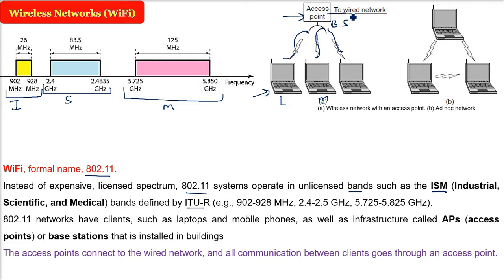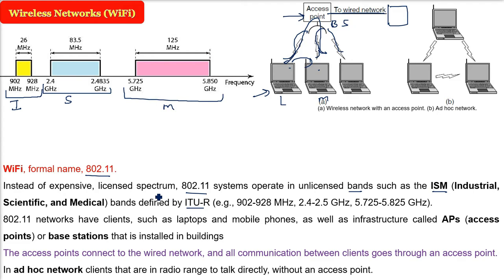But these access points are connected through wire. They are wired, so there is a backbone of wired network. These clients talk to access points, so the systems have to go through the access point, and only then can they talk. But there are certain ad hoc networks like MANET, etc. If they are in the same radio range, they can talk directly without an access point. This is also possible.